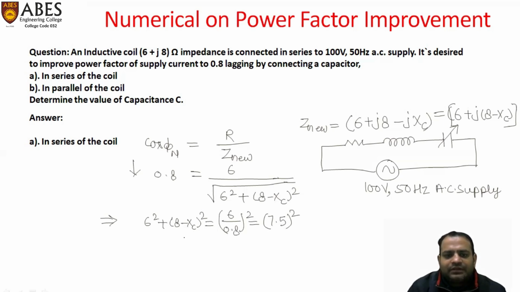After resolving this equation, we get 8 minus XC equal to plus or minus 4.5, or we can make a quadratic equation in terms of XC. So we get two values.